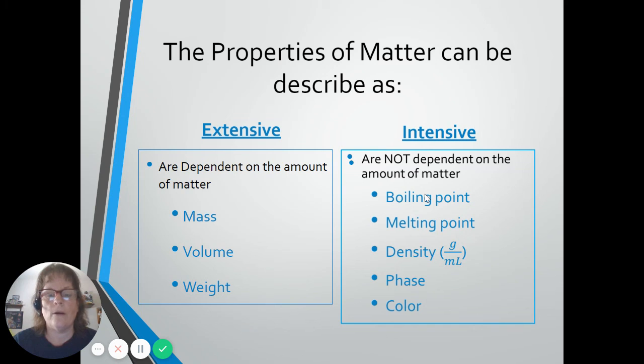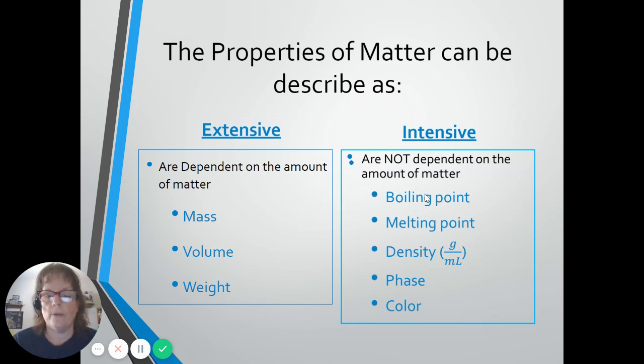Intensive properties are not dependent on the amount of matter that you have. It doesn't matter if you have a little microscopic speck of it versus 1,000 grams of it. These properties will remain the same no matter what.